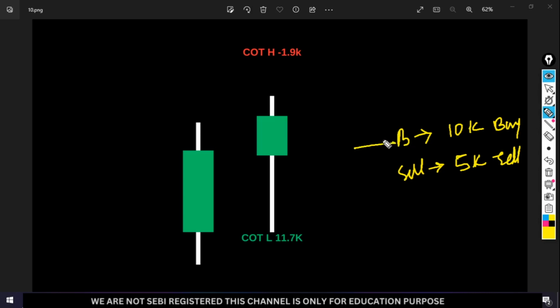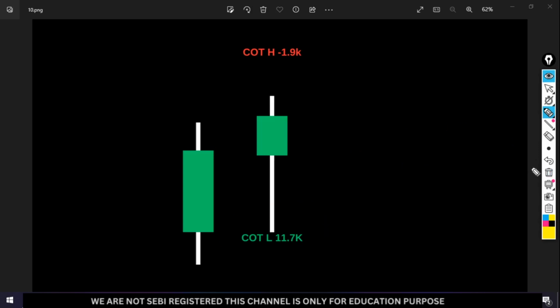That doesn't mean that the buyers are in control. If you need to know who has control of this candle, the COT is going to help you here. Punching a big order doesn't mean that the buyers have taken control, but at the end of this candle, whichever number is bigger, either the COT high or COT low, represents the control of the market, right?